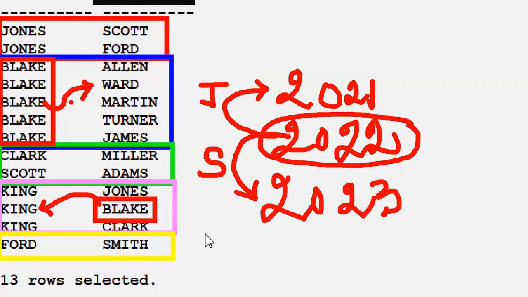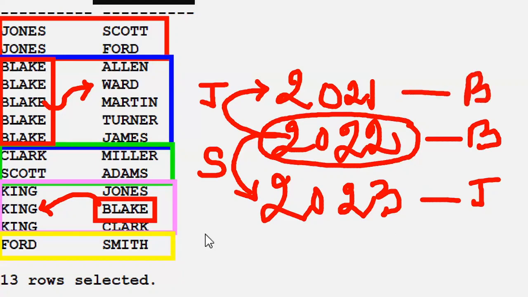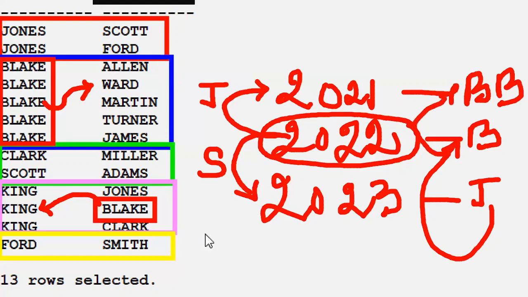So here Allen, Ward, Martin, Turner, and James are called juniors, 2022 is called Blake, senior, boss, and 2021 we call King, big boss. Junior, programmer, superior, boss. Boss is superior, big boss. No, not Salman Khan boss.